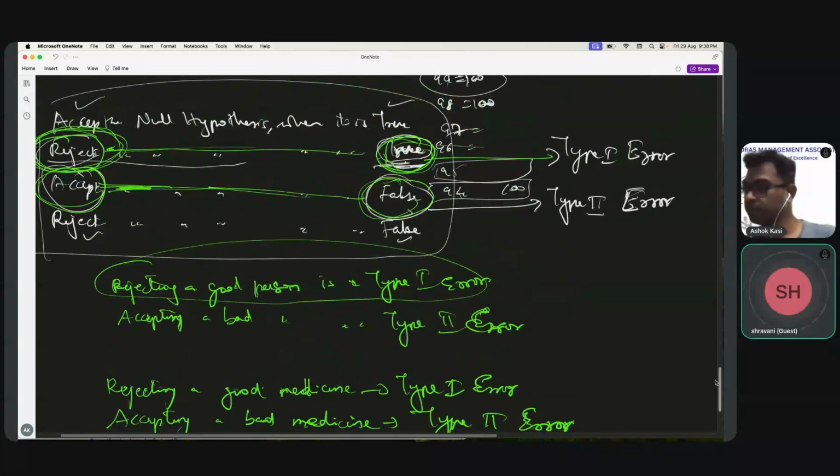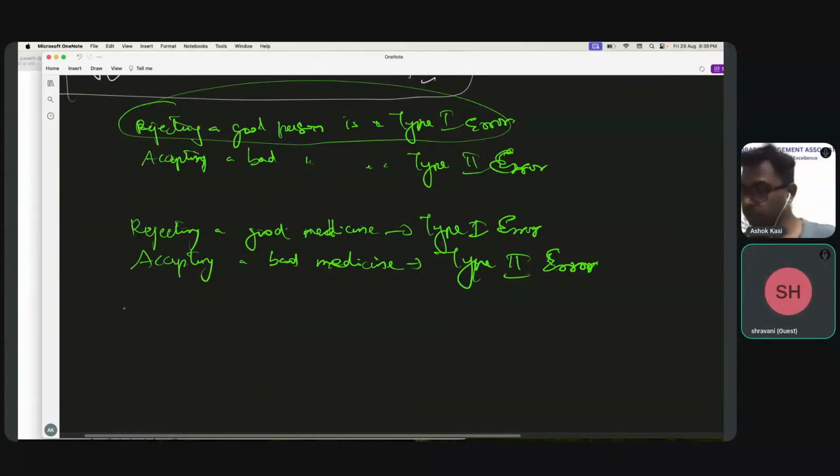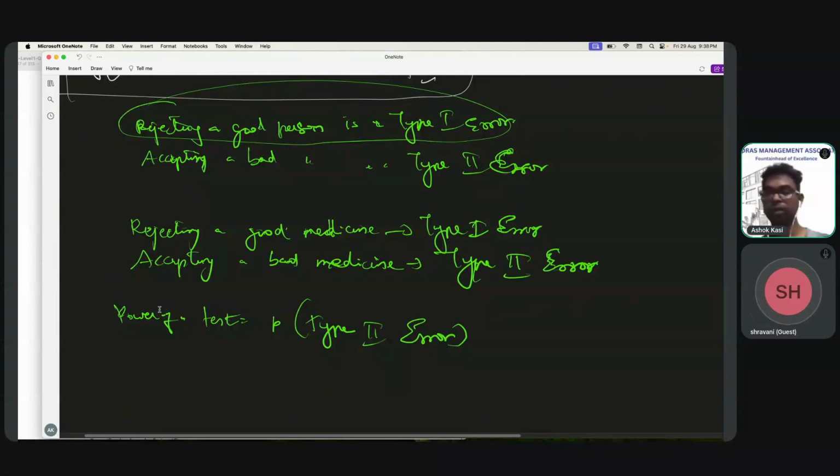Now, power of a test. Sorry, power of a test is 1 minus probability of type 2 error.